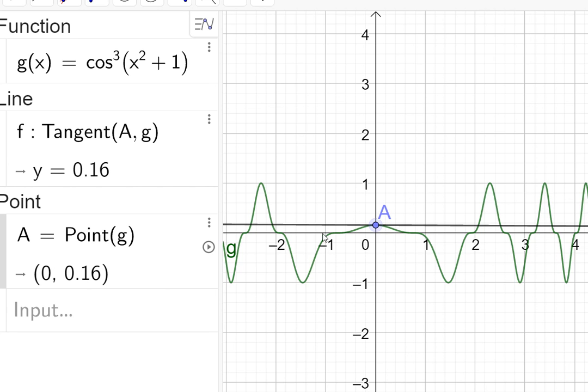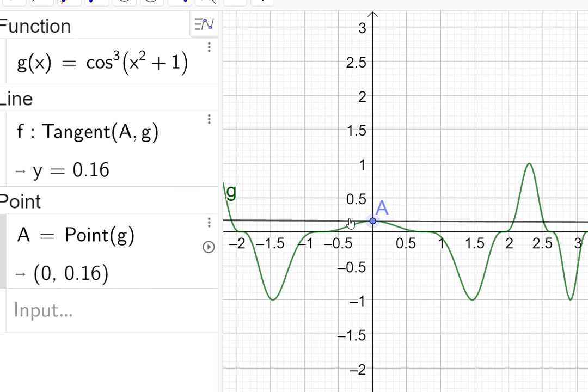Now, if I get my point A to stop at x is equal to 0, I can see that my slope is 0. So this would be a turning point of my function. This function has many, many turning points, but this would be one of the maximum points of my function because dy dx is 0 at this point.